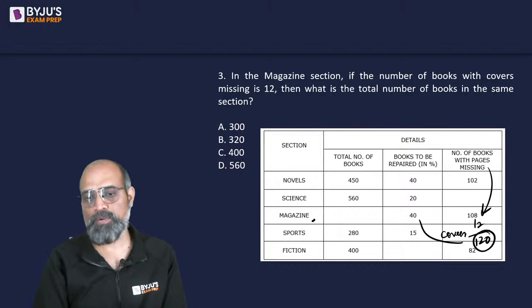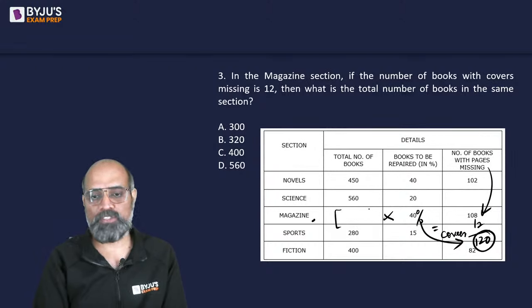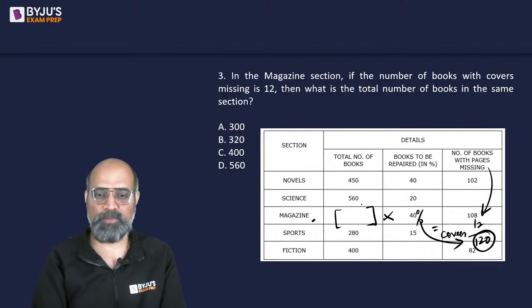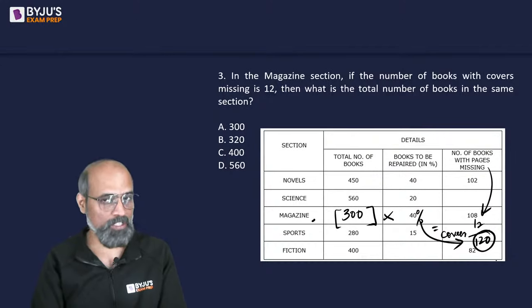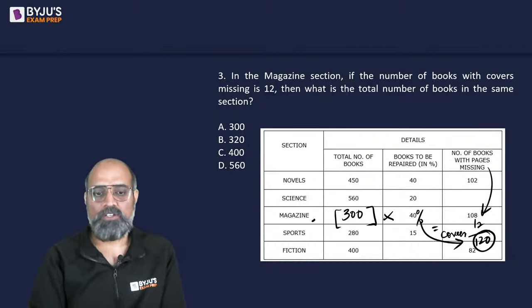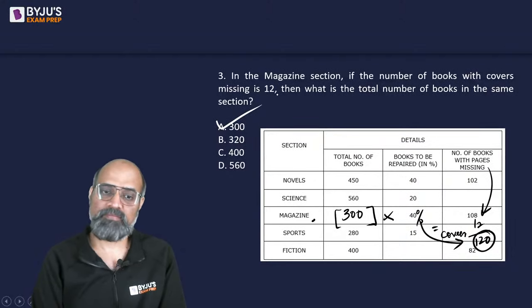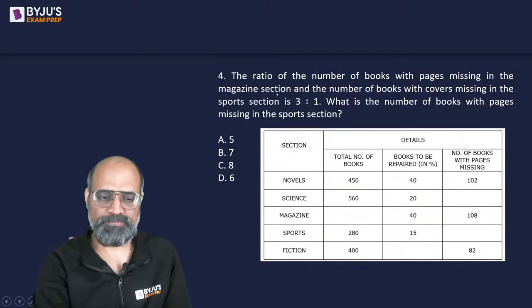And if this 120 is 40% of something, then what would be the total number of books in this section? So if 40% is 120, what should be 100%? It should be definitely 300, right? 40% of 300 is 120, isn't it? So the total number of books in the magazine section is going to be 300. Pretty simple, straightforward questions.